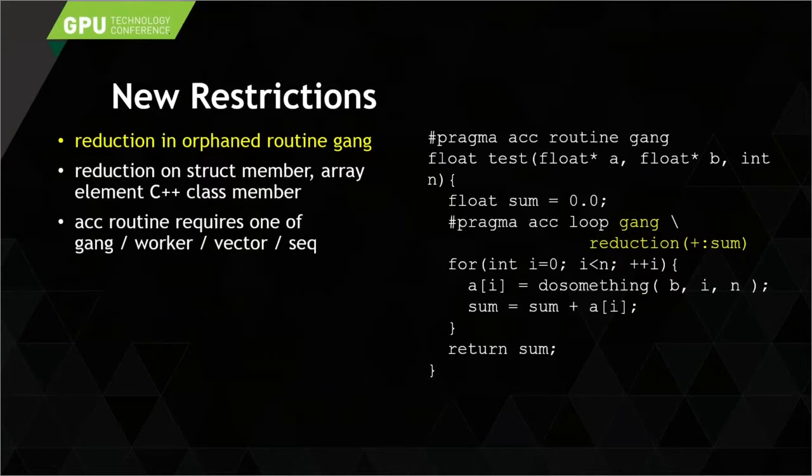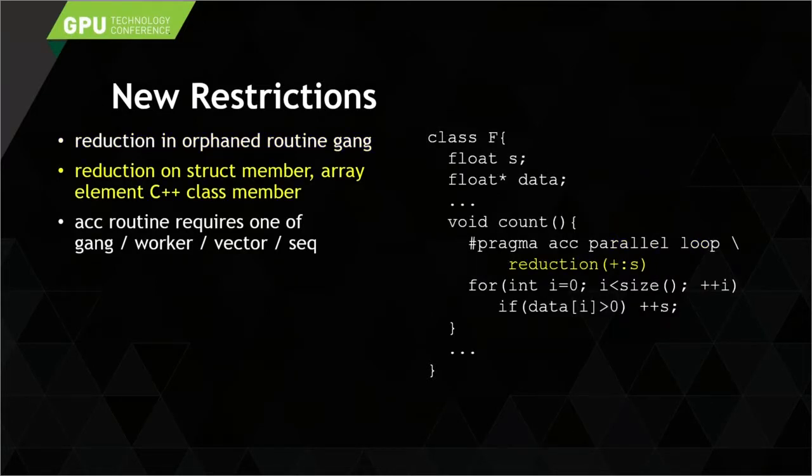So because of that, you can't have a reduction in an orphan gang loop in a routine. An orphan loop is a loop that's not in a parallel or kernels construct, tightly nested. Okay, so that will be specified in the standard.